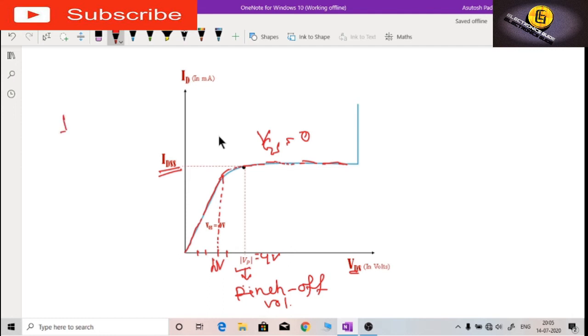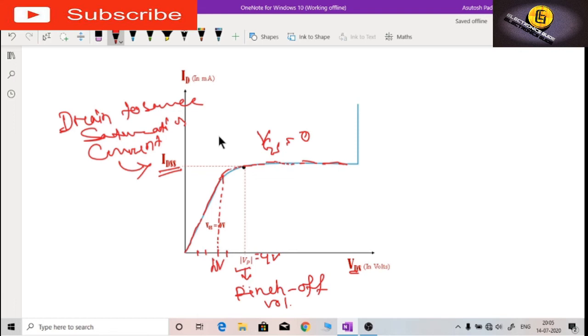That is drain to source saturation current. IDSS means drain to source saturation current. After VP, current value won't increase if we are increasing the VDS value. That means current gets saturated.